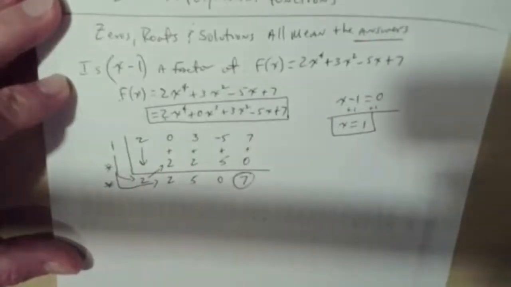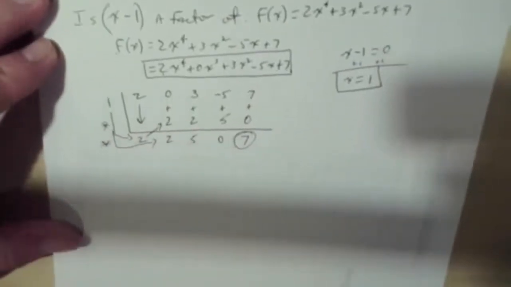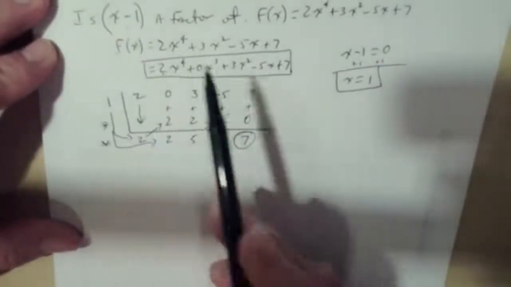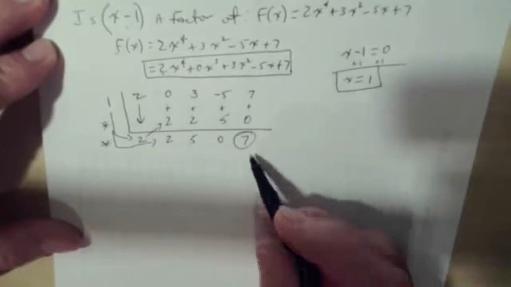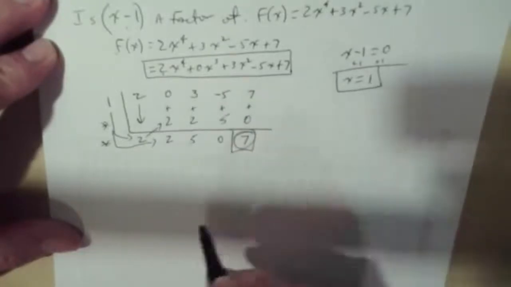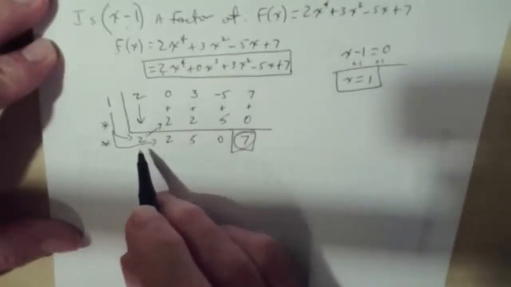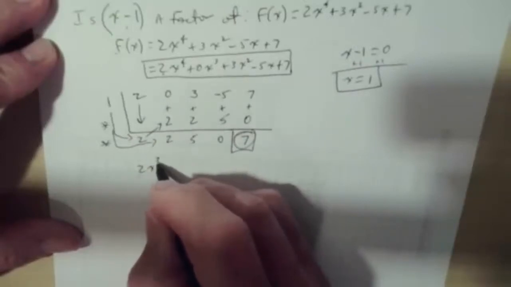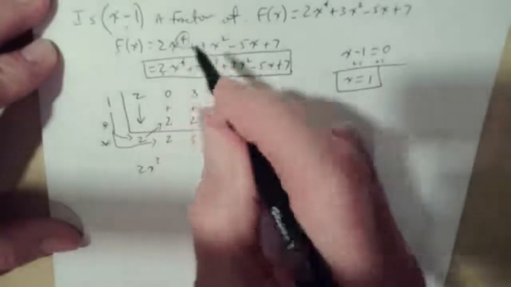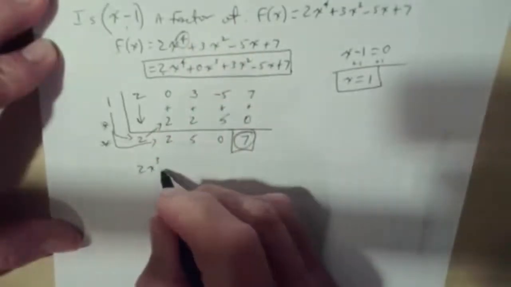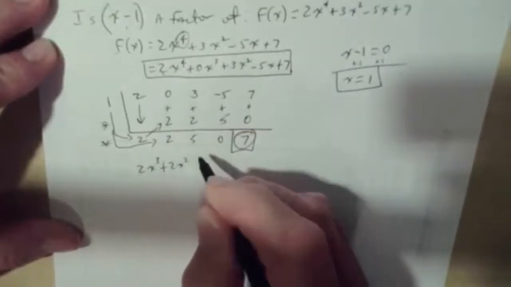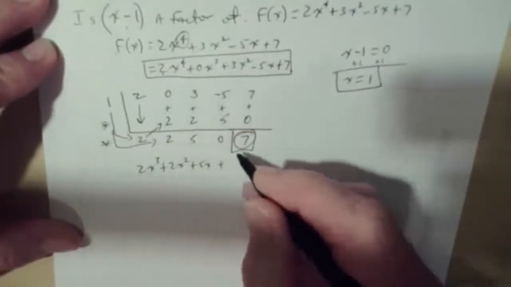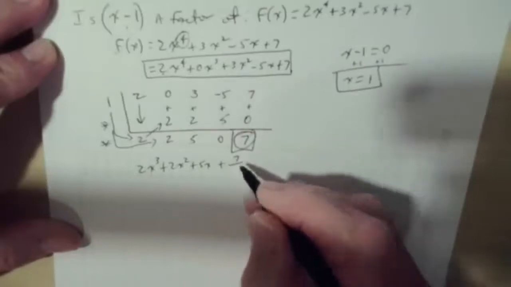So is x minus 1 a factor of all this misery? No, because it has a remainder. And the quotient here, the answer, would be 2x cubed, remember, we're going to reduce the exponents by 1, plus 2x squared plus 5x plus 7 over x minus 1.